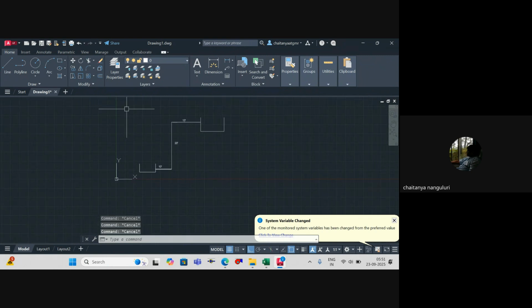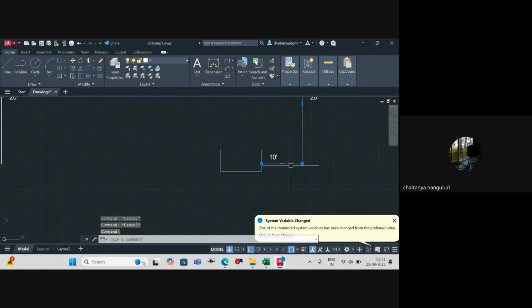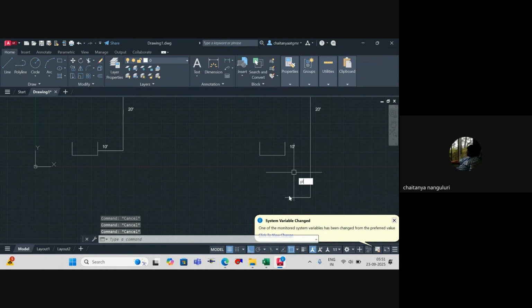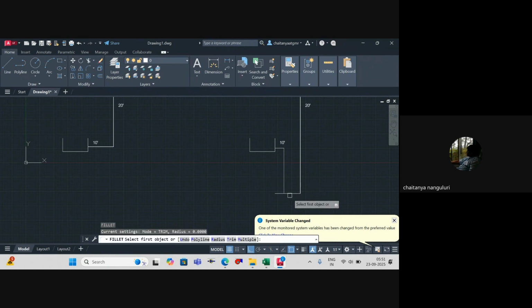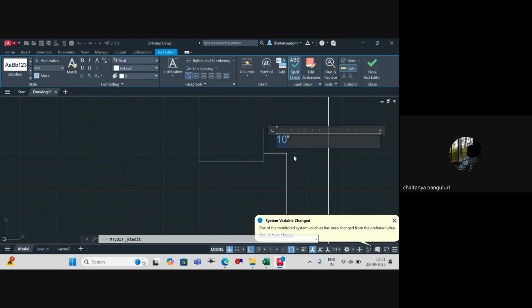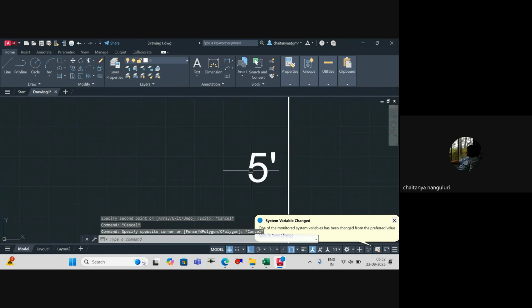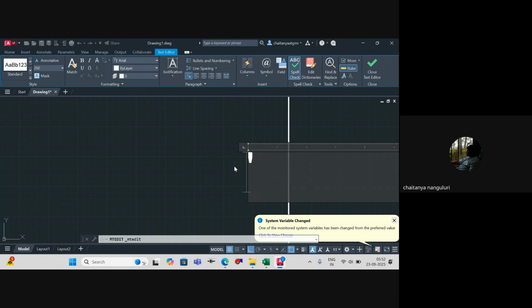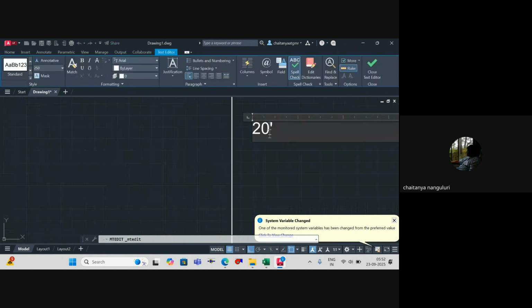Now, let's take another example. Because of the site conditions, I had to route it something like this. This is 5 feet, this is 5 feet, and this particular length is 10 feet, and the entire length is, for example, 30 feet.